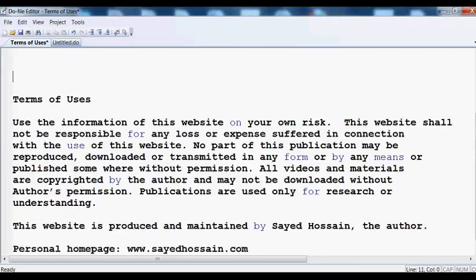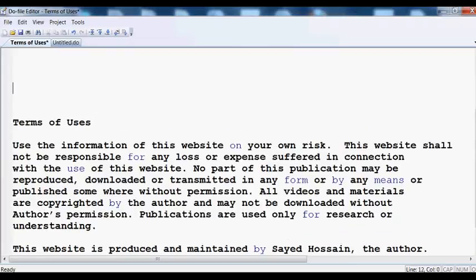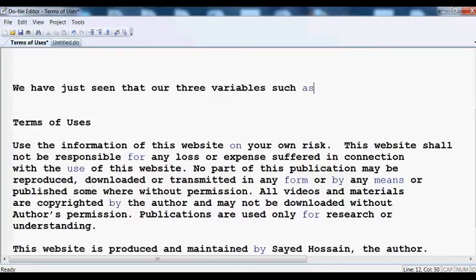Okay, we have just seen that our three variables, such as LR, GDP and money supply, are co-integrated.